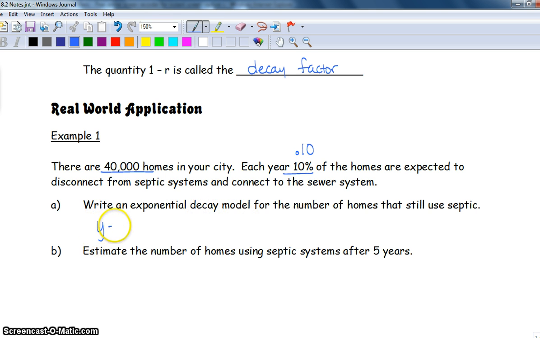So we've got y equals our initial amount of 40,000, 1 minus our rate, and as a decimal, all raised to the t power. Just like with exponential growth, we're going to simplify what's inside those parentheses. So this becomes y equals 40,000 times 0.90, all raised to the t power.